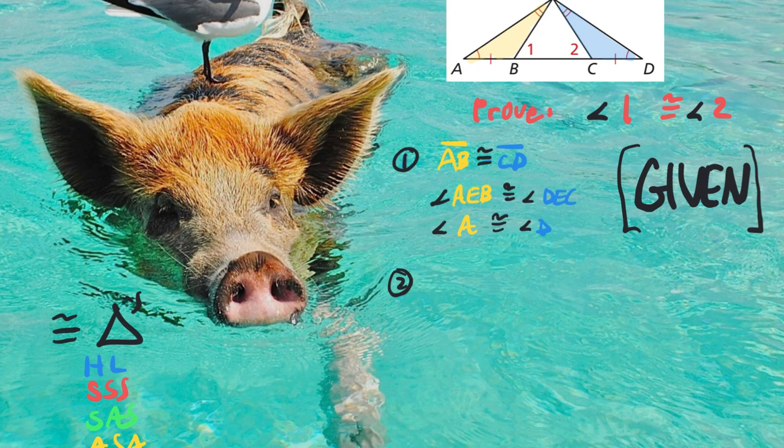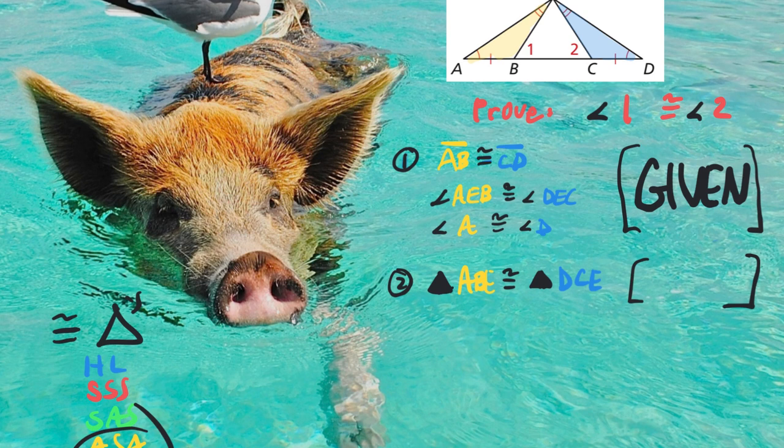Which theorem will we be using? Well, we have 2 angles congruent to 2 angles, so there's 2 pairs of angles, and 1 pair of sides. So it's going to be one of these 2. Now, this side is included between the 2 angles, which means this side will actually be touching both vertices of these angles.